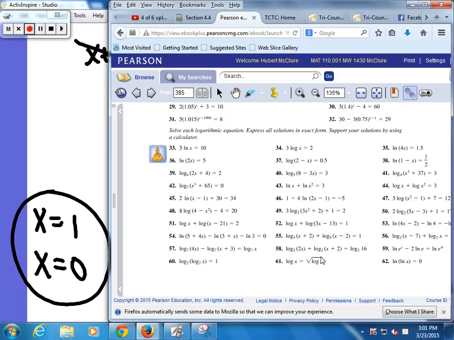I would do one of those two things. And the only reason I bring that one up is I would give you a bunch of these on the test and homework, because whenever you see a radical, you need to learn to what? Rewrite it as a rational exponent, because that's what you're going to have to do in calculus.